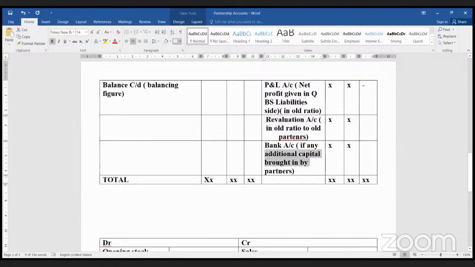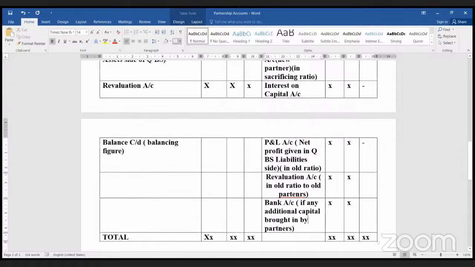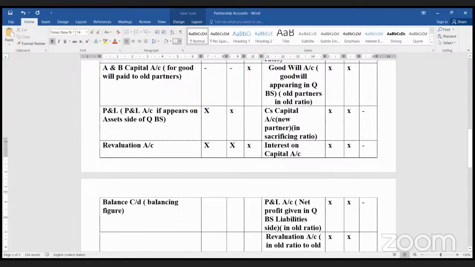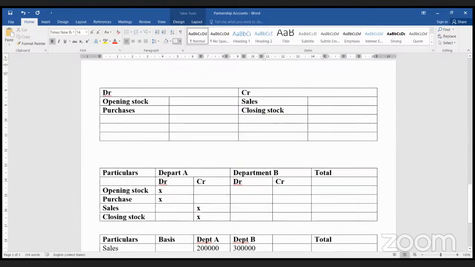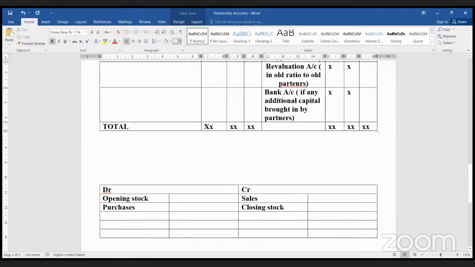Sometimes, if any partner other than the new partner brings new capital, that also we will take. Then we find the differences and the closing balance, that is the capital balances at the end of the year. Whatever you get by doing this partners' capital account, those capital balances are to be taken in the new balance sheet.